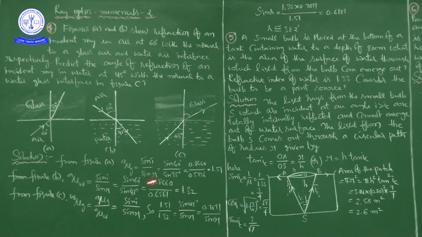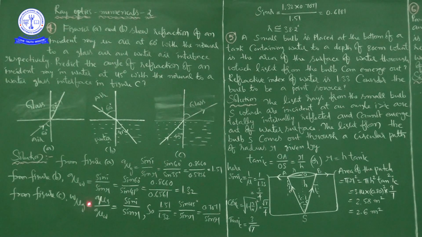And from these two values, next we are going to find wμg, which you can write as aμg by aμw. But we cannot find this wμg directly because r is unknown to us now.